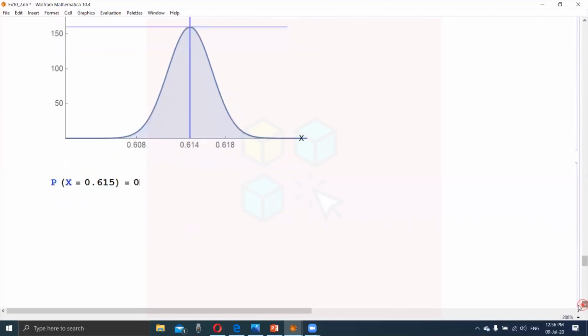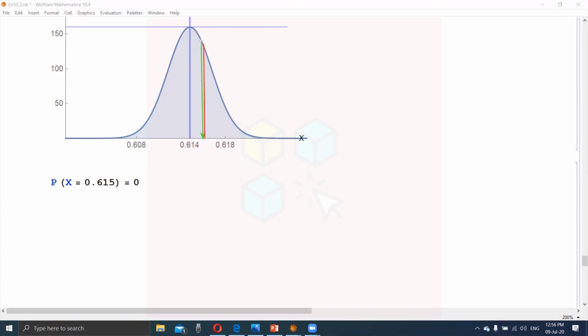So we will locate a point using a green arrow on the right side of the mean, which is 0.615. At this specific point probability is 0, but applying the continuity correction, two lines would be introduced, one before the green line and one after the green line.